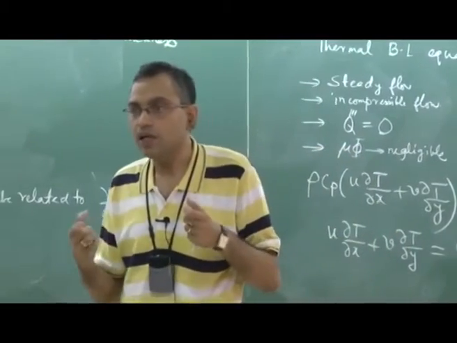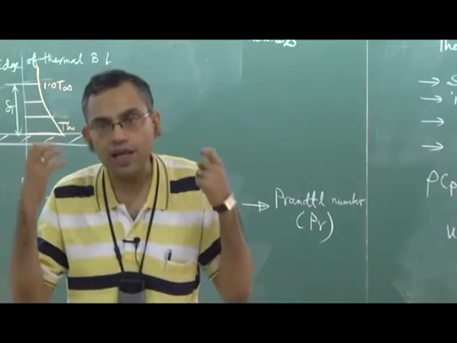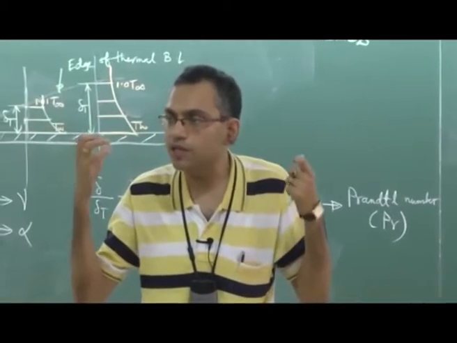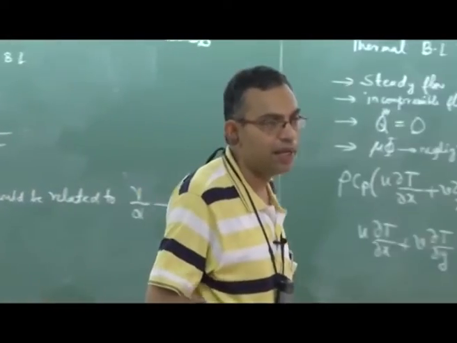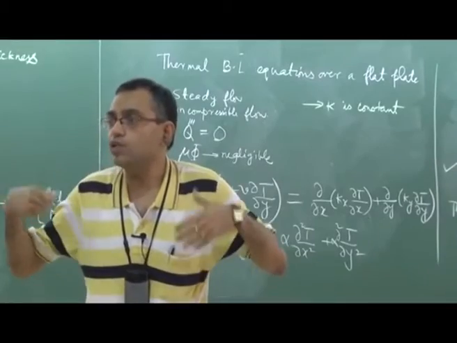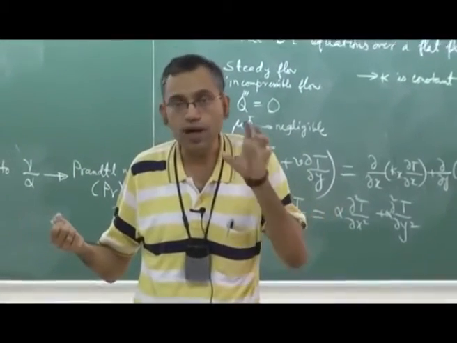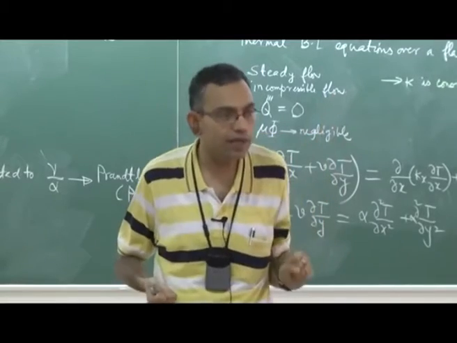This is what Reynolds was thinking about. Reynolds was a very clever scientist, mathematician, whatever you call. Reynolds did a lot of work in fluid mechanics, and his first thought was how will I solve the energy equation?